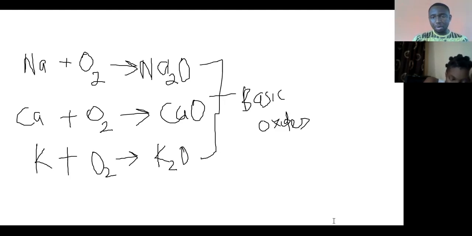An example of non-metals: we have carbon with oxygen. We are going to stop there, but let's just look at that.